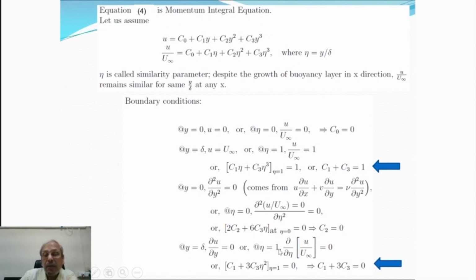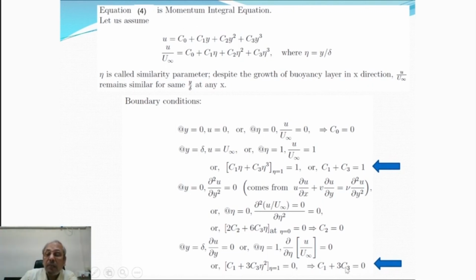So at eta equal to 1, del eta of u by u infinity equal to 0. We differentiate this once: c1 plus 3 c3 eta square at eta equal to 1 is 0, which gives us c1 plus thrice c3 equal to 0.